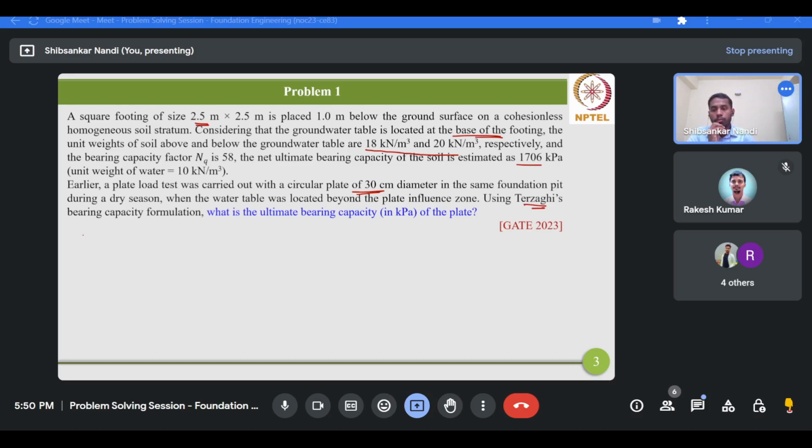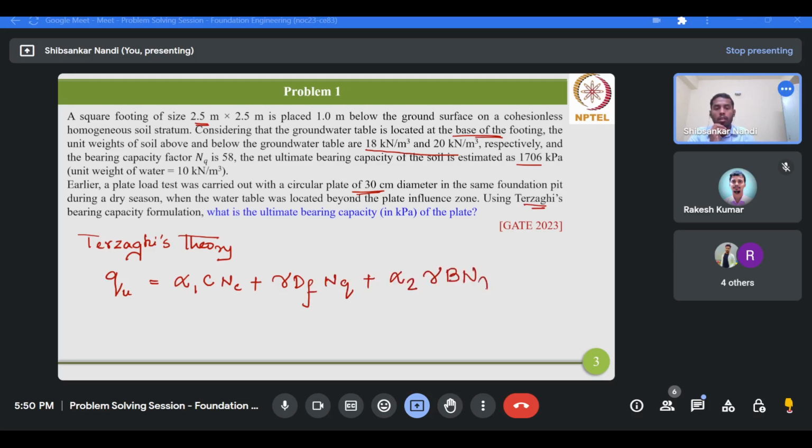First of all, qu is alpha 1 c Nc plus gamma Df Nq plus alpha 2 gamma B N gamma.